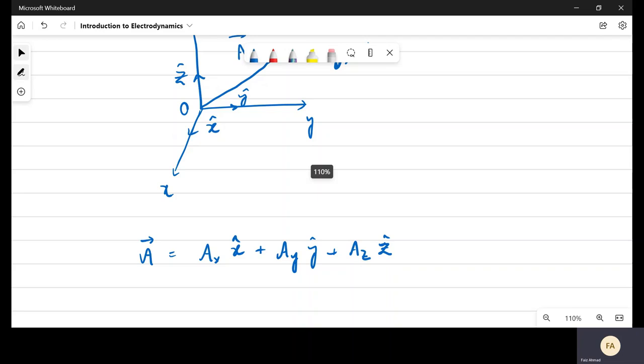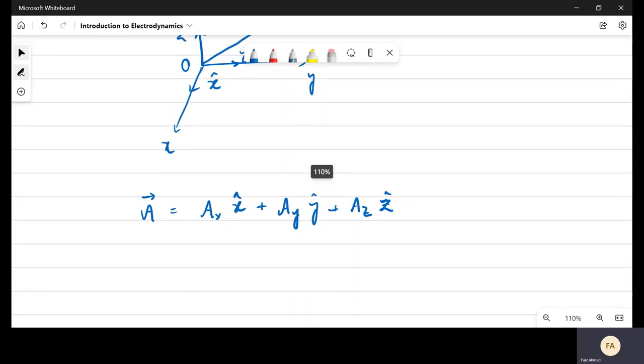So any arbitrary vector in 3 dimensions can be expressed with the unit vectors x, y, z, and the magnitude in that specific direction.